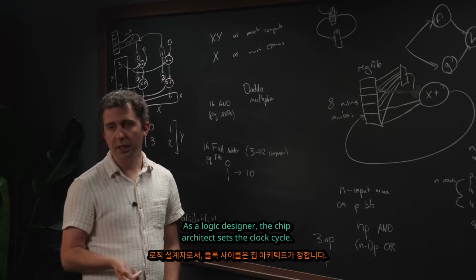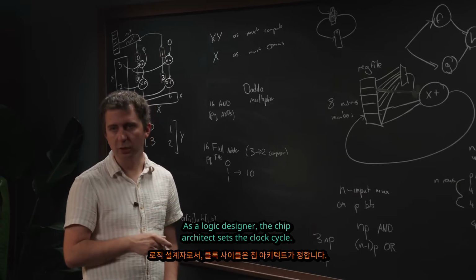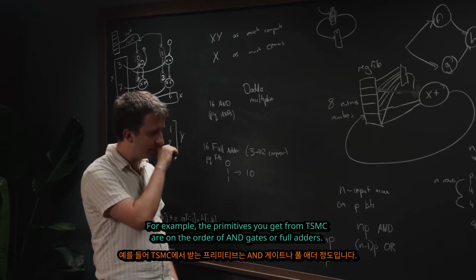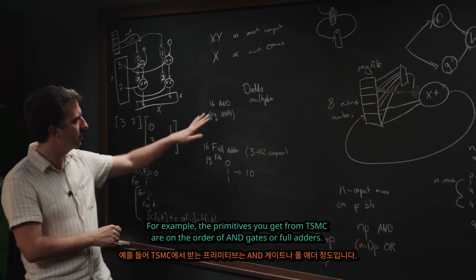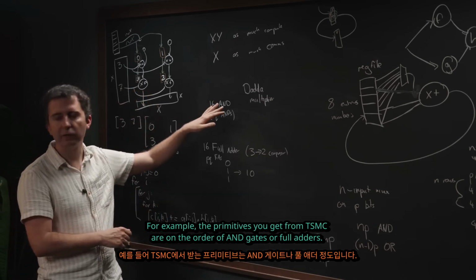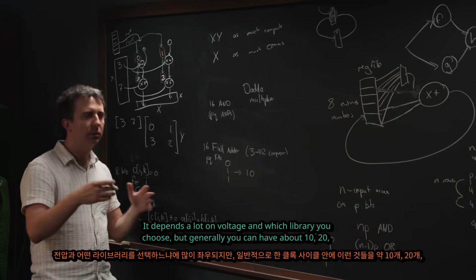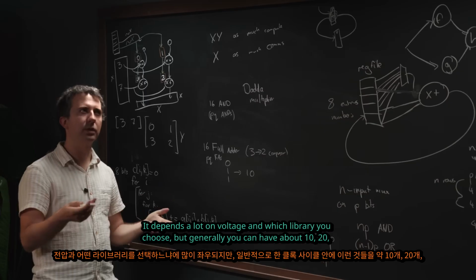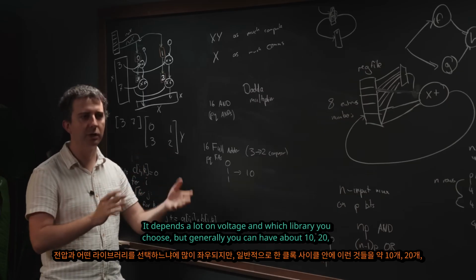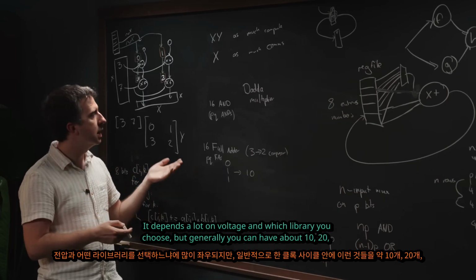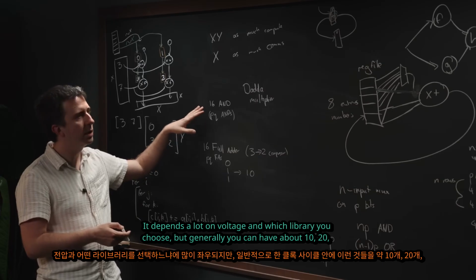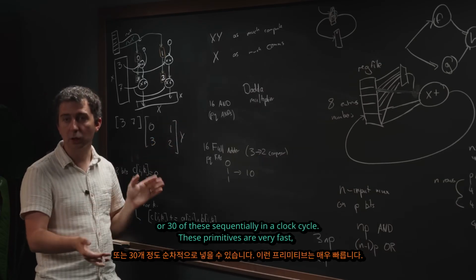Yeah, as a logic designer, the chip architects set the clock cycle. For example, the primitives you get from TSMC are on the order of AND gates or full adders. They depend a lot on voltage and frequency and which library you choose, but generally you can have about 10 or 20 or 30 of these sequentially in a clock cycle.